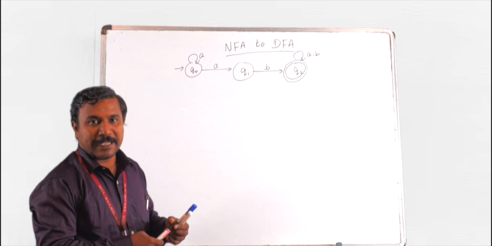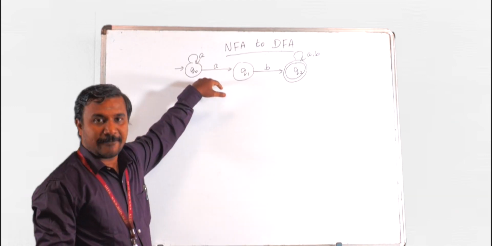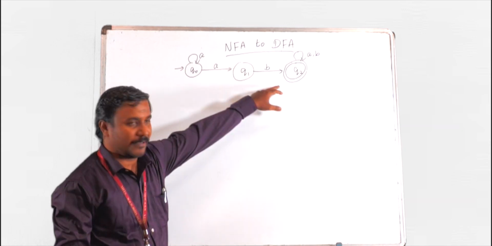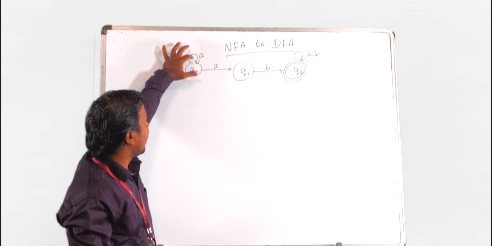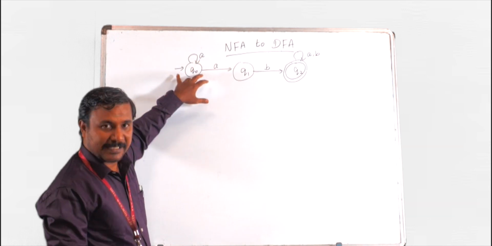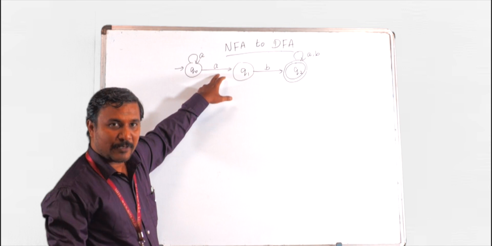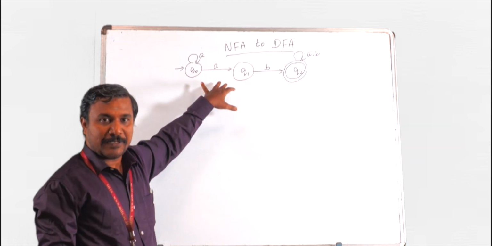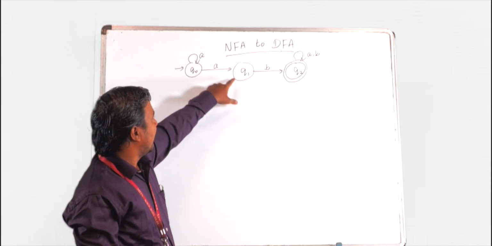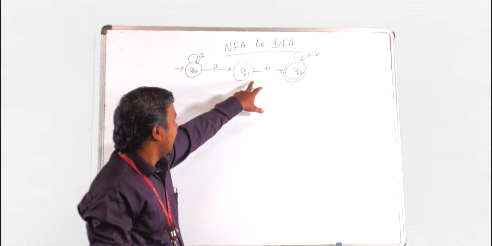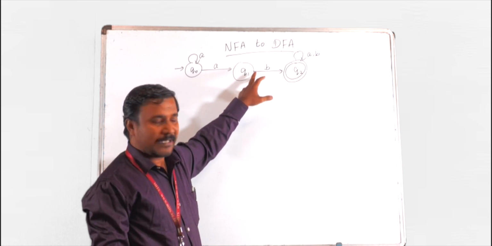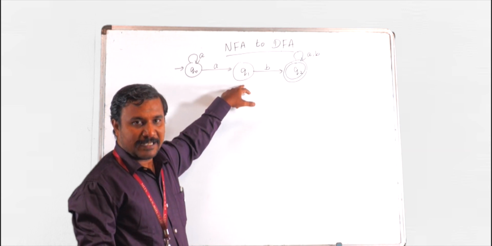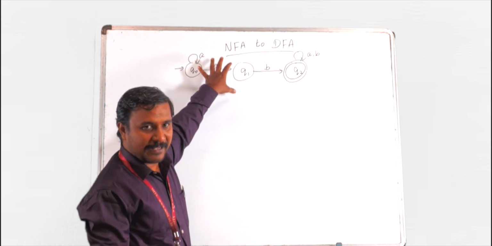Let me show you one basic example. This one is actually an NFA diagram. Why? Because there are three states available: Q0, Q1, and Q2. In Q0, you can see we have A input and it reaches the same state. And again I am passing the same input and it reaches the Q1 state. So definitely it is an NFA diagram. When I reach the Q1 state, I have the input B. When I pass input B, it reaches the Q2 state, but there is no input for the A symbol. So this is clearly an NFA diagram.